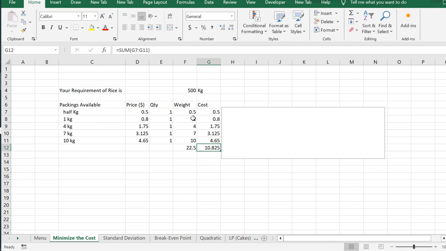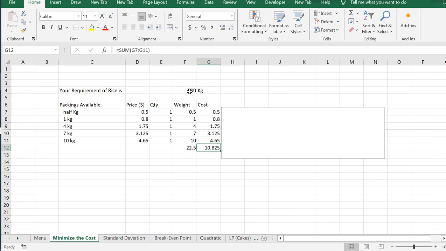Okay. So we are now prepared. We have the objective, we have the total quantity of rice which we want. It has to be run, meaning we have to run the solver with the minimize option so that this cost is minimum possible.